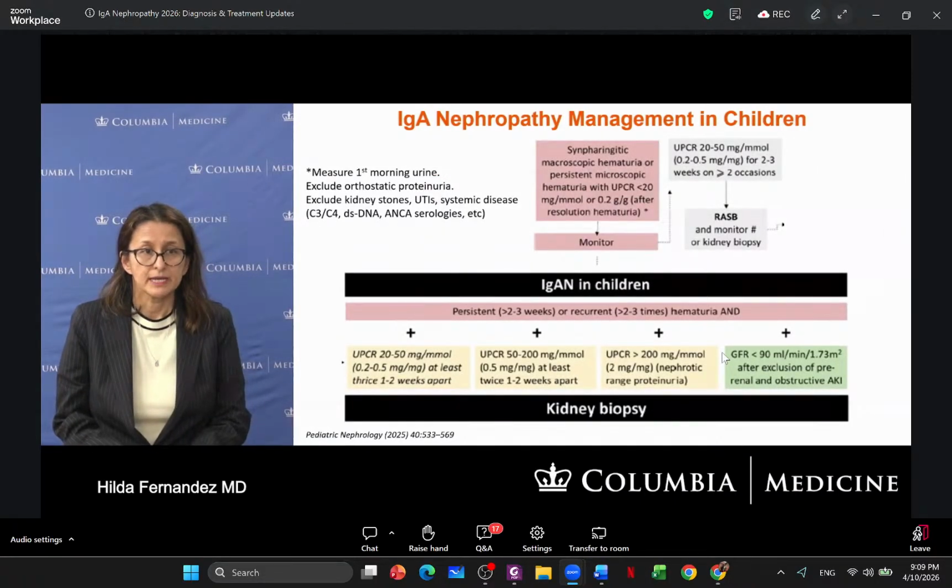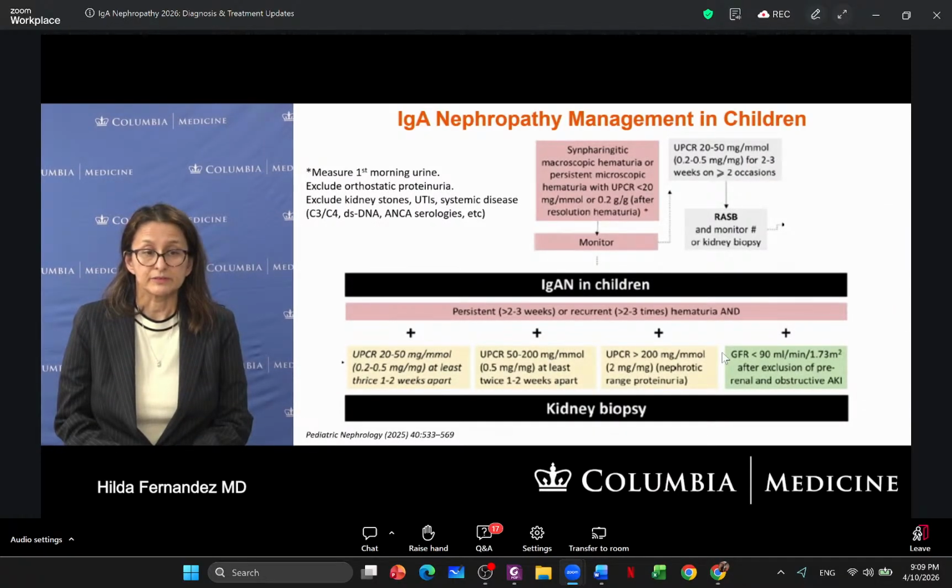So again, we're going to be checking for the usual clinical evaluation, and we want to see exactly how much urine protein we're talking about. And depending on the degree of proteinuria, we're going to act. So as opposed to the KDIGO guidelines, where the treatment threshold to start RAS inhibition is 0.5, we actually start at a lower threshold of 0.2 to 0.5 UPC.